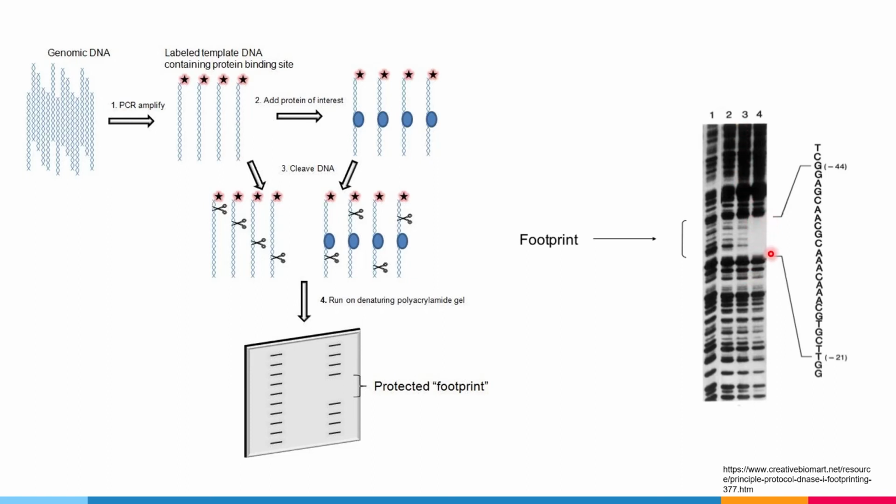This is the part that we can see right here in the fourth lane. This is known as the footprint of the protein, and thus this technique is also known as DNA footprinting. From the bands we can ascertain what the sequence was, and thus we know where exactly the DNA binding protein had bound.